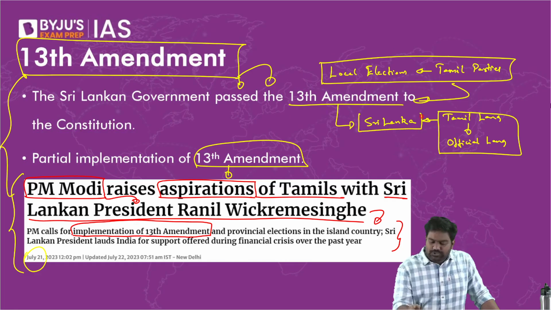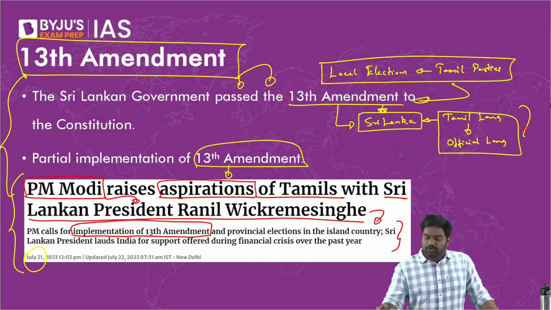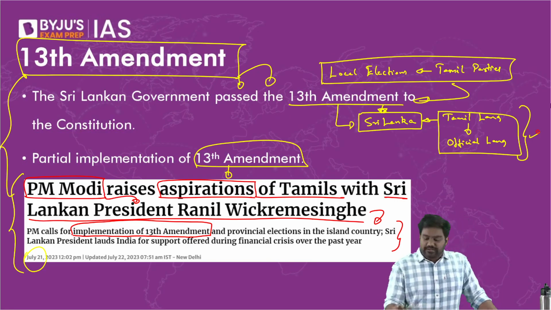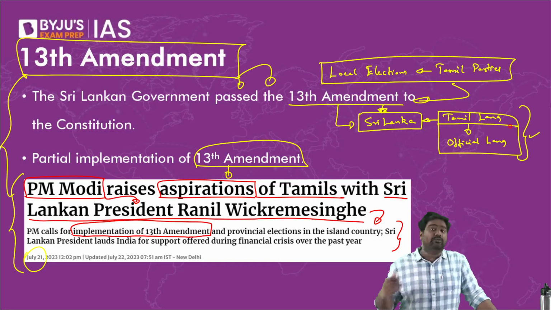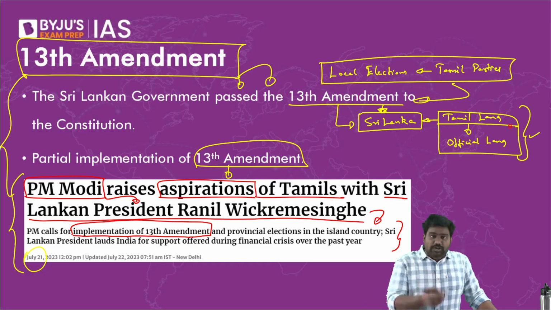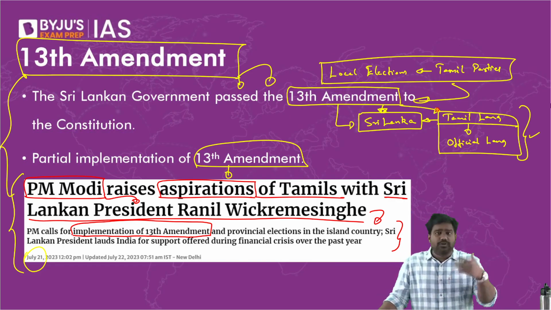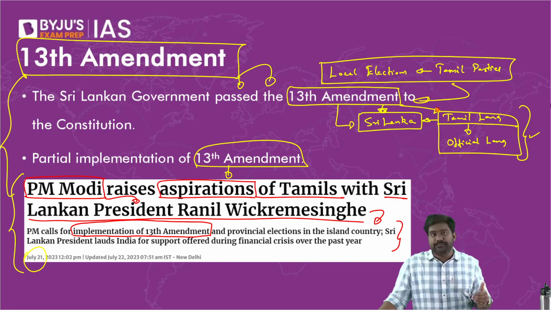It also shows the kind of discrimination that had happened against the Tamils, because for so many decades, even after independence, Sri Lanka had never given the Tamil language equal treatment and equal respect. It was because of the India-Sri Lanka Peace Accord and the 13th Amendment that finally Tamil was also recognized as one of the official languages along with Sinhalese.